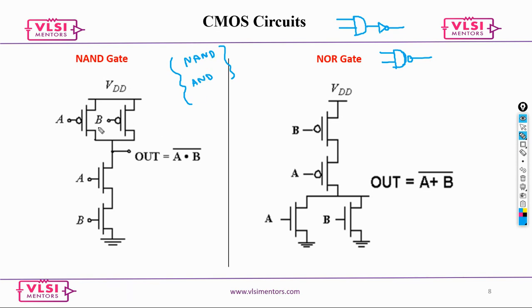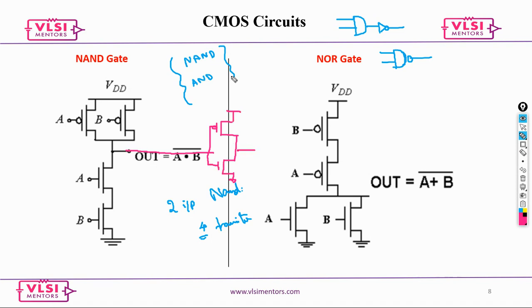By default, a two input NAND has 4 transistors. And for a two input AND, what do you need to do here? An extra inverter needs to be added to make it an AND.